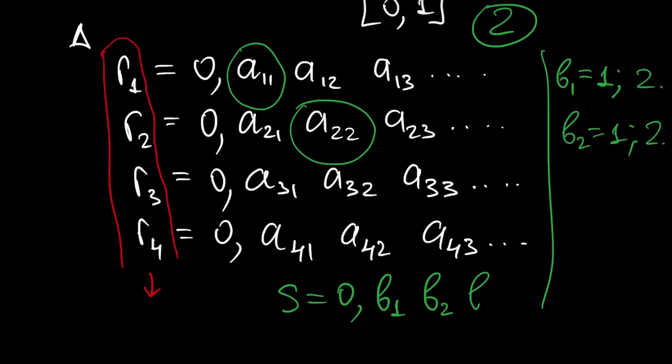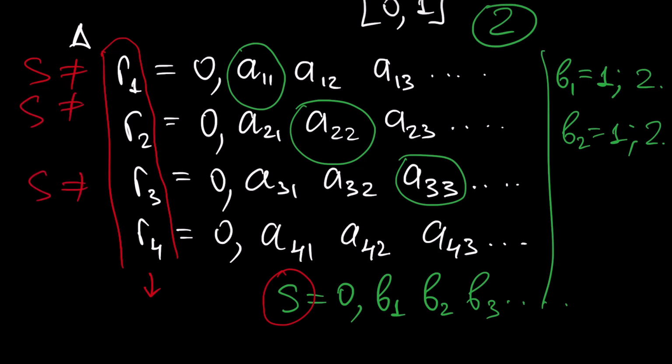And we will define B3 along the same way from this digit A33 and so on. Of course, this number S is not equal to R1 because B1 is not equal to A11. So S is not equal to R2 and S is not equal to R3 and so on.